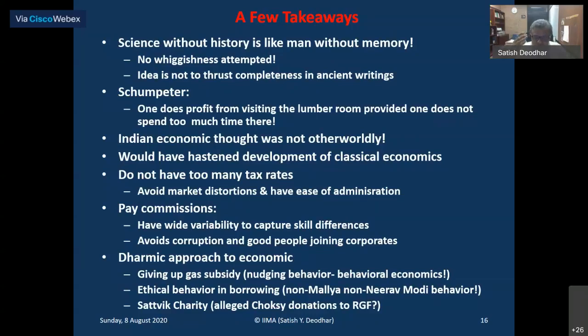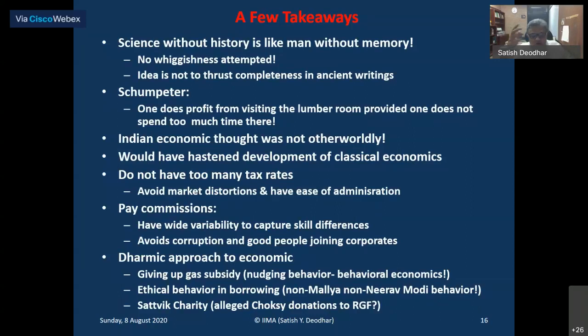So there are certain principles you go by, and giving up a gas subsidy is one of those. Dharmic also means ethical behavior in borrowing. If we are brought up in families where such dharmic values are imbibed, you will have fewer Mallyas, fewer Nirav Modis, and therefore less of such behavior in society at a macro level as well.